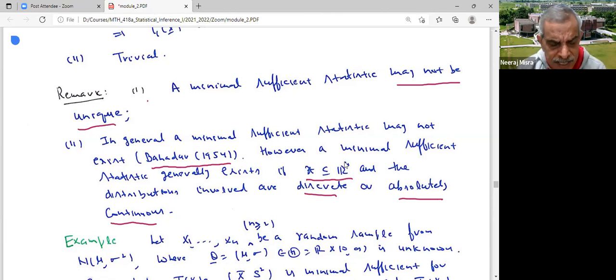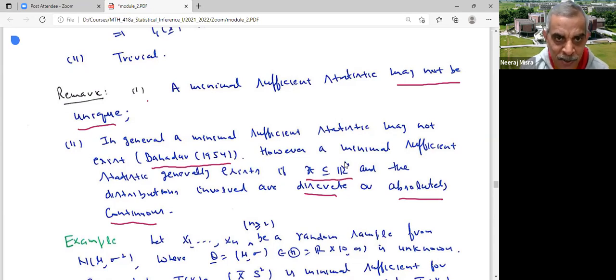The purpose of this remark was because you may be attending various interviews and somebody may ask you, does a minimal sufficient statistic always exist? Your answer should be no. Then the question would be, give me a situation where it does not exist.